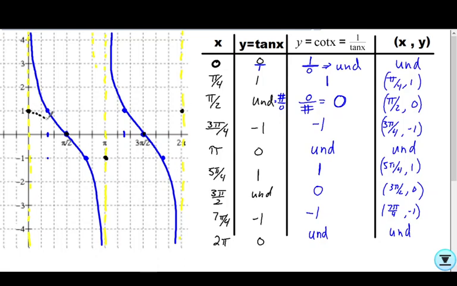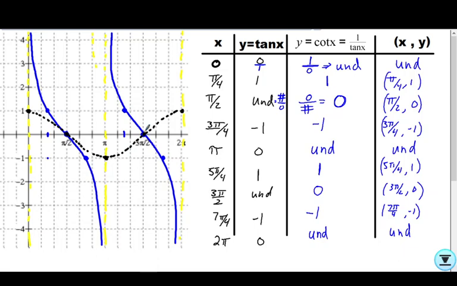So these are the 5 key points of cosine. You can see just like sine and tangent, where sine has a 0, tangent had a 0. Here, where cosine has a 0, cotangent has a 0. And where cosine's maximums and minimums are, that's where cotangent has its asymptotes.